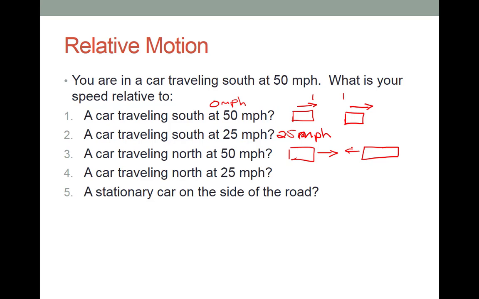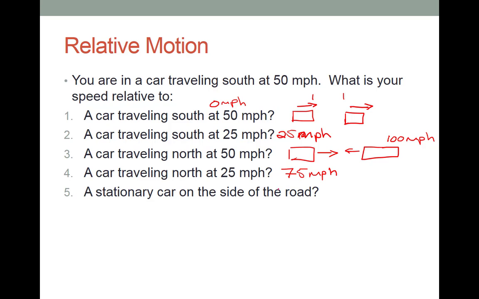Right? Now your relative speed is definitely not 0, and it's definitely not 50 because you're both moving towards each other. So your relative speed is going to be 100 miles per hour. Similarly, if the car is traveling north at 25 miles per hour, the relative speed would be 75 miles per hour.